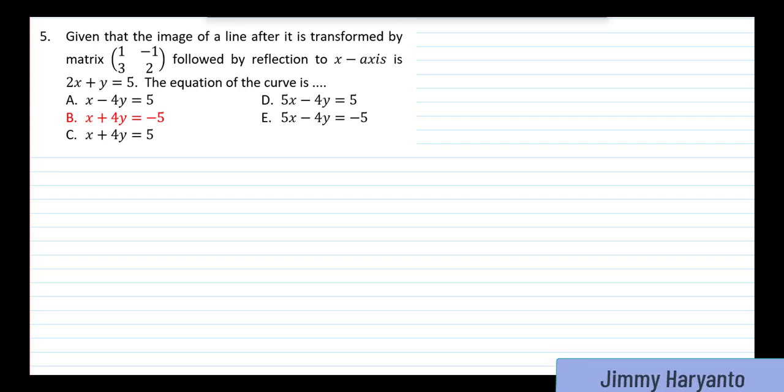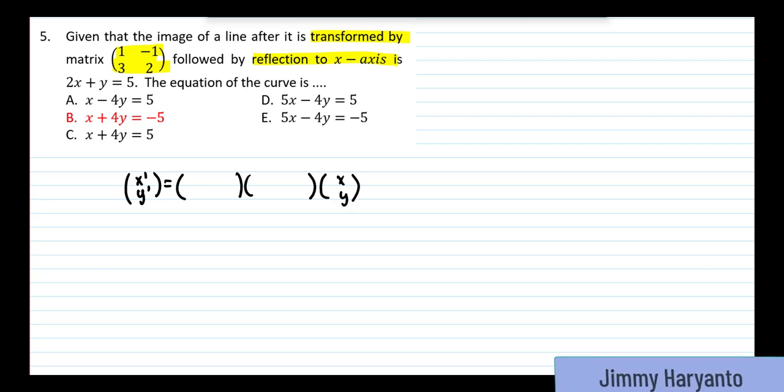First we have to take a look at the transformation. The transformation is this matrix followed by this reflection. That means we have two transformations. We will write down the formula first like this, x and y, and then this one is for the first transformation, this one is for the second transformation.